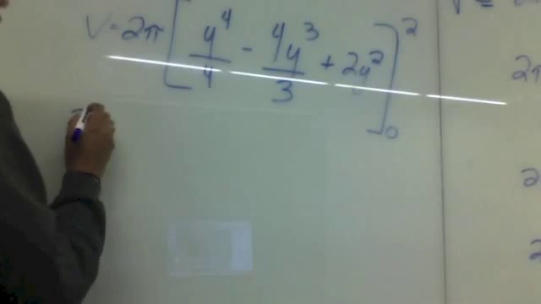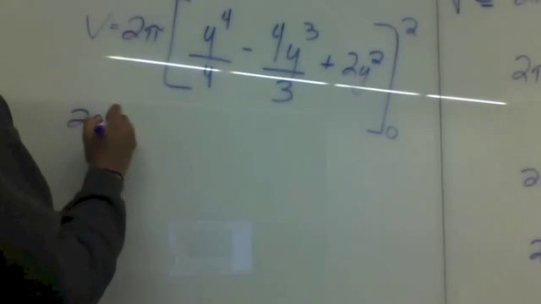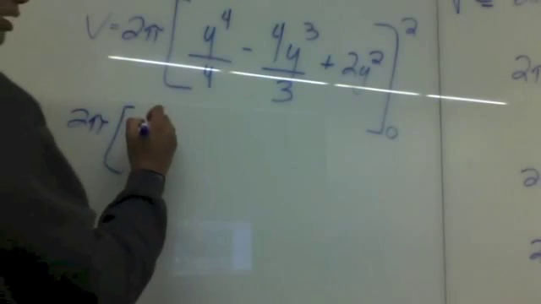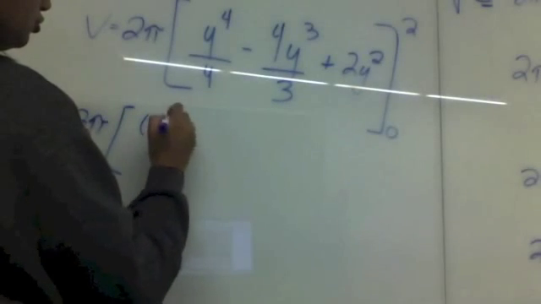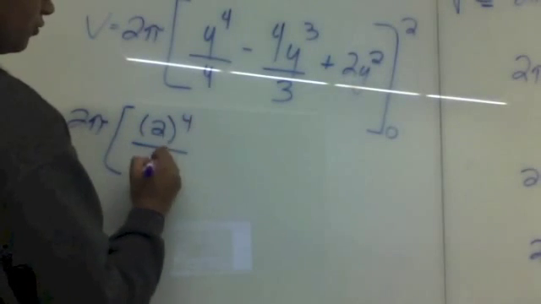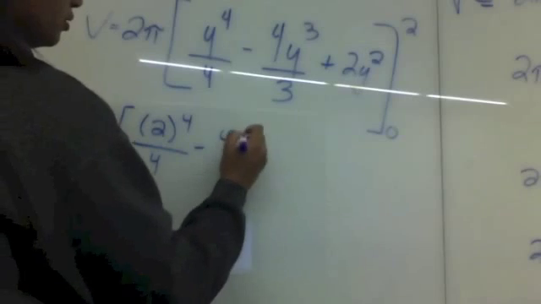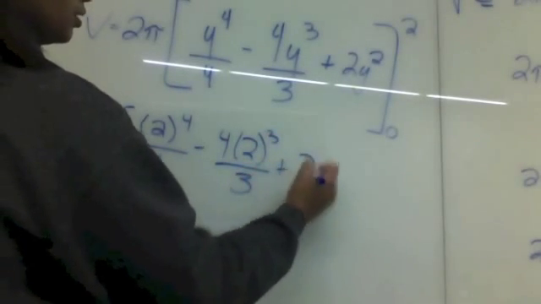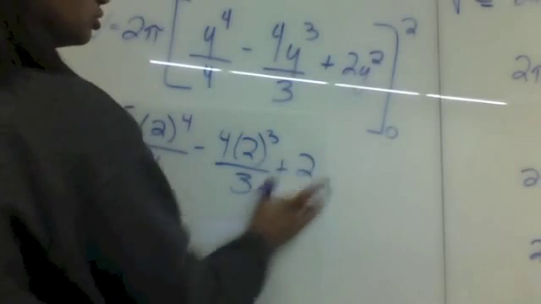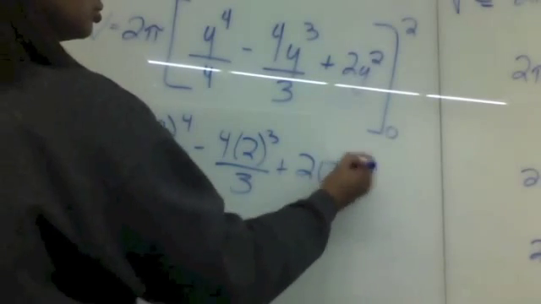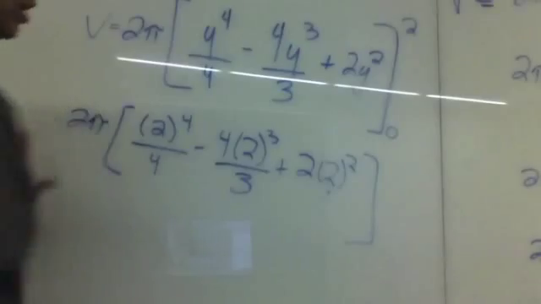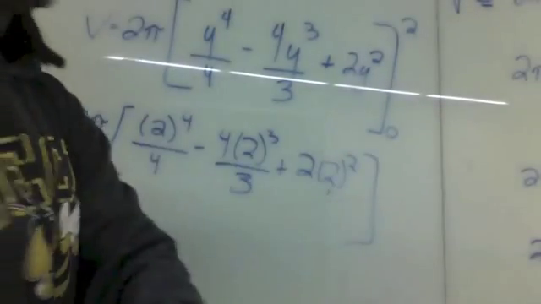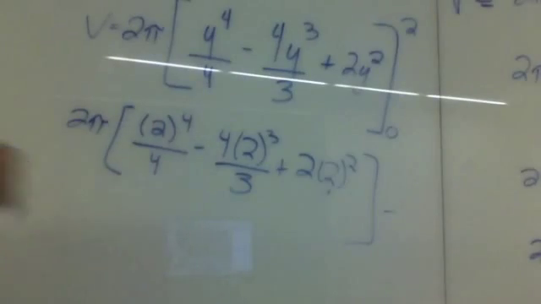So we have 2 pi multiplied by 2 to the 4th over 4 minus 4 times 2 cubed over 3 plus 2 times 2 squared. And we can ignore 0. We would subtract our lower limit from our upper limit, but everything's going to be 0, so we ignore it.